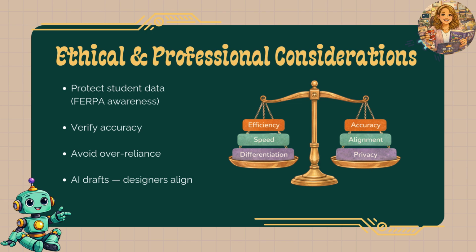There's also a professional risk of over-reliance on these types of technologies. If we stop thinking critically because AI drafts quickly, coherence breaks down. AI should amplify instructional redesigning, not replace it, especially in a field where formal AI frameworks are still developing.